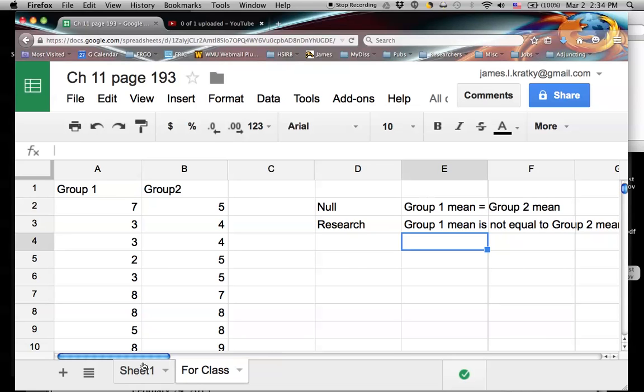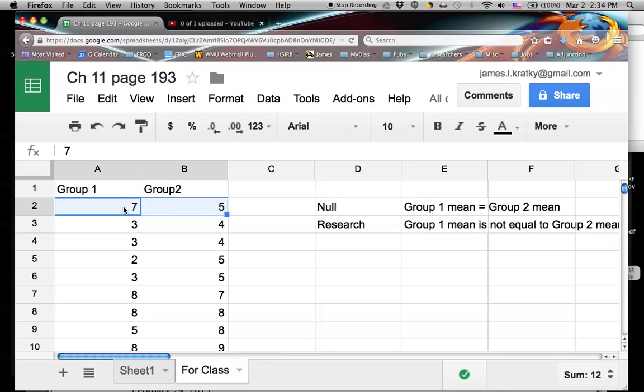So the textbook suggests to follow the flow chart on figure 11.1, which is on page 191. For this particular test, we have 2 groups, so we're testing between 2 groups. There's no relationship, there's no matching between corresponding values.